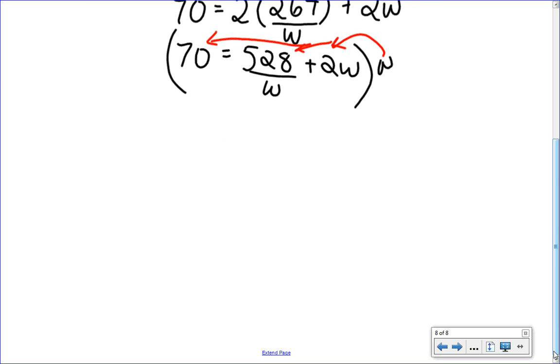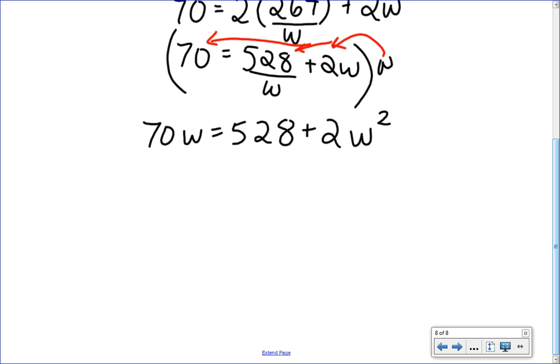This gives us 70W equals 528 plus 2W squared. We are going to move the 70W over. And now I'm just going to rewrite this in standard form for a quadratic equation.